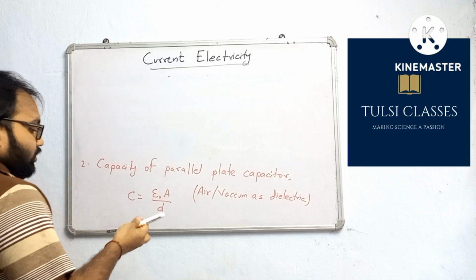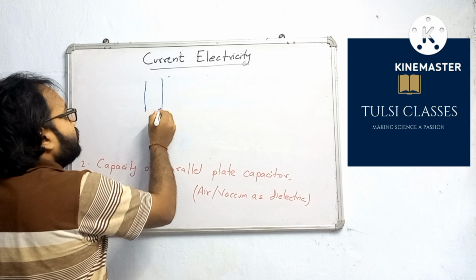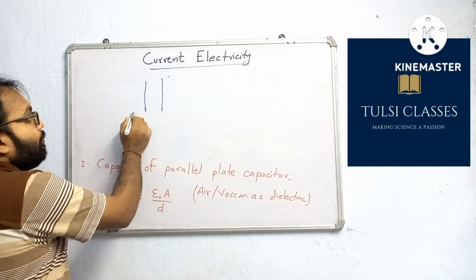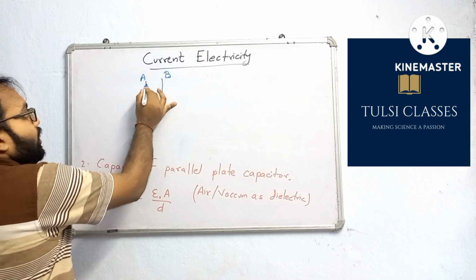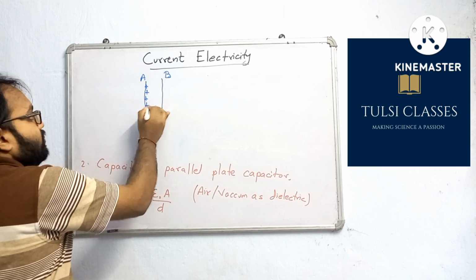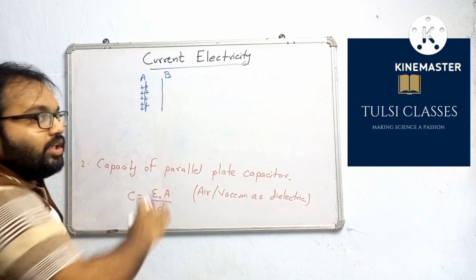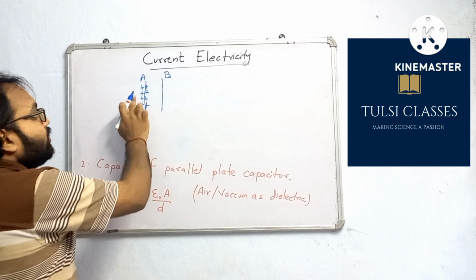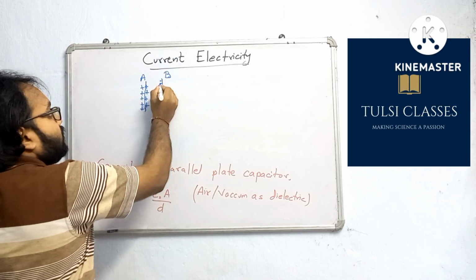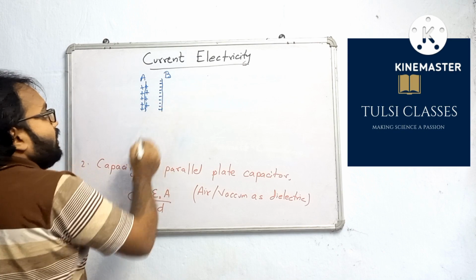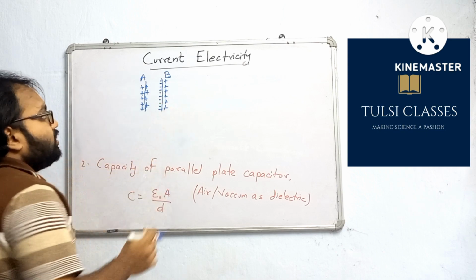Parallel plate capacitor is like this. Two plates are there. Suppose this is plate A, this is plate B. On plate A, if we have provided positive charge on both sides, and plate B we bring near it, then the charge on A will get induced in B, and the front side of B will become negatively charged and the rear side of B will become positively charged.